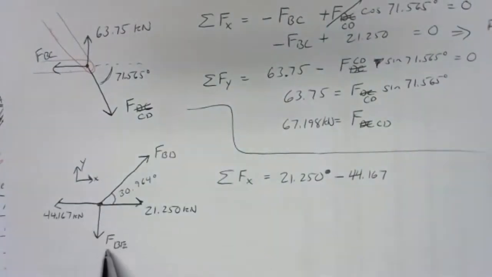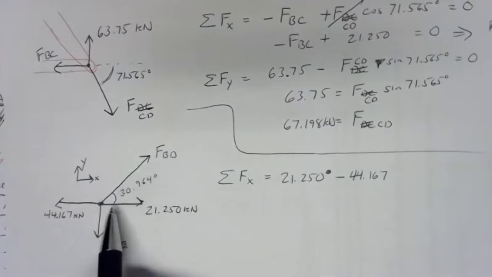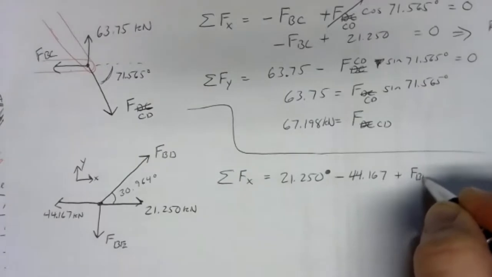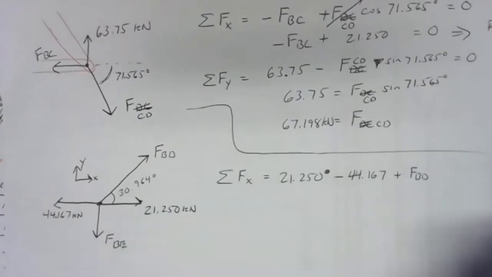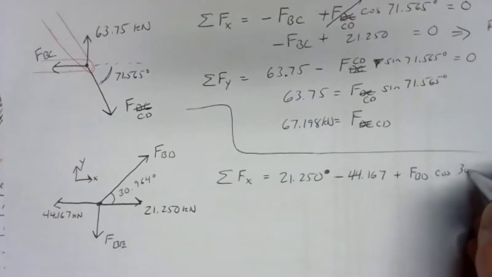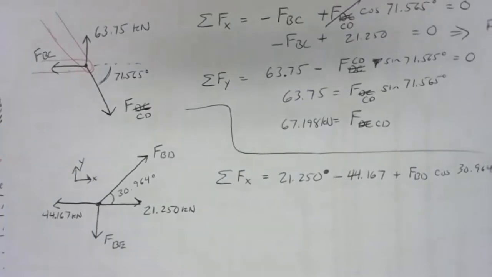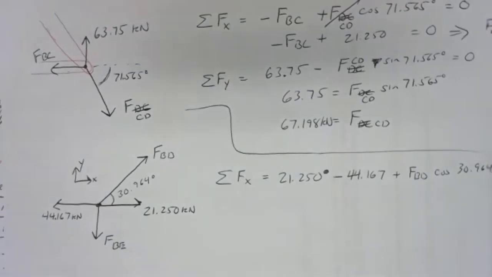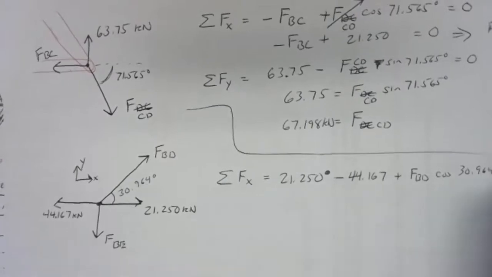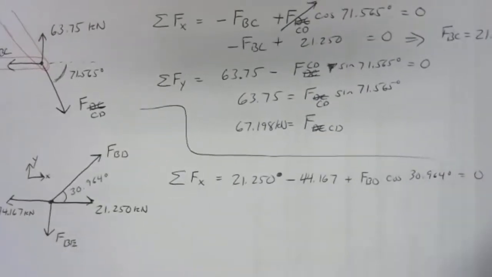Nothing from FBE. And then we've got a piece of FBD. It's to the right, so it's positive. And it's the adjacent side, so it is cosine. Cosine of 30.964 degrees. So that's our x direction sum, so that'll be equal to 0.